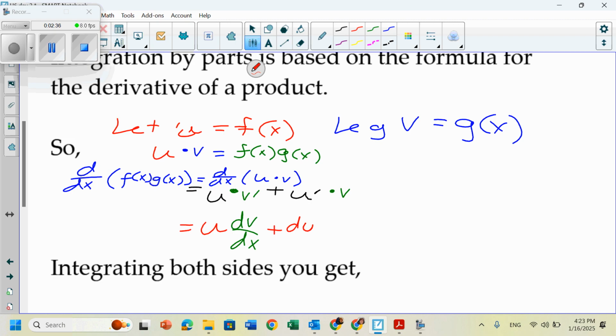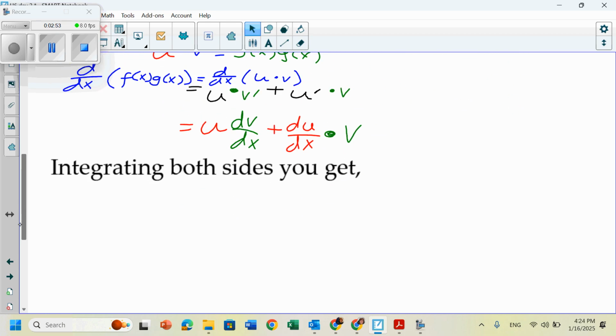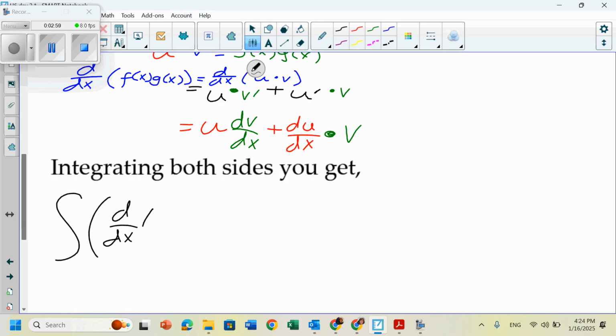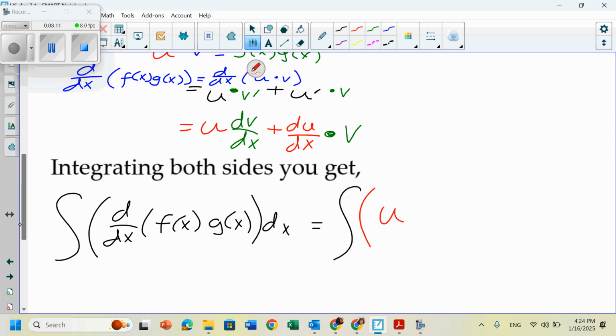Now, we're going to talk about putting this all together, and we're going to talk about integrating both sides. What I mean by integrating both sides is I have this: I'm integrating the derivative of f of x, g of x, and I'm integrating u times dv dx plus du dx times v, dx.